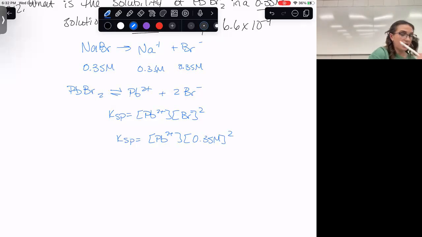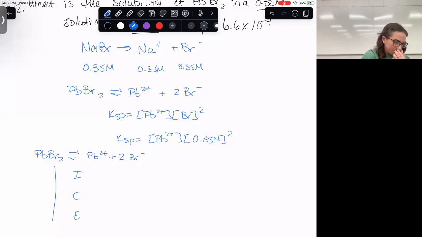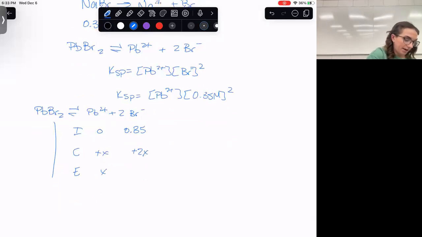So if you were to write this as an ICE table, right, this doesn't matter. So we have I and C. Your initial is 0.35, right? You have no lead, so you still have to form some lead. So you'll have plus X, plus 2X, and then you'll have X and 0.35 plus 2X.